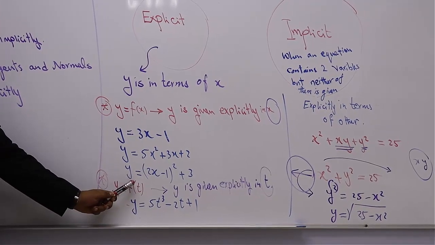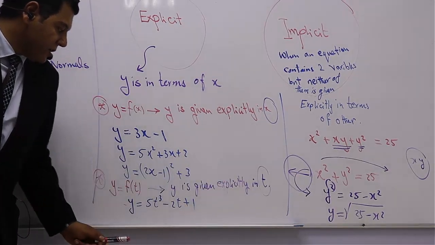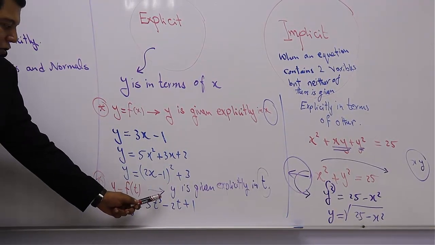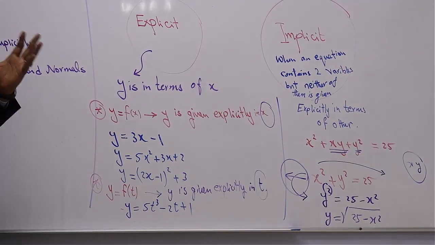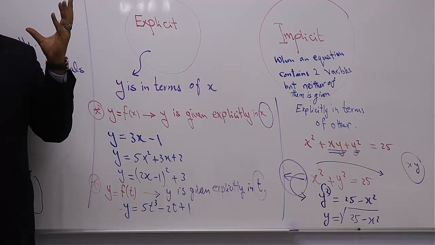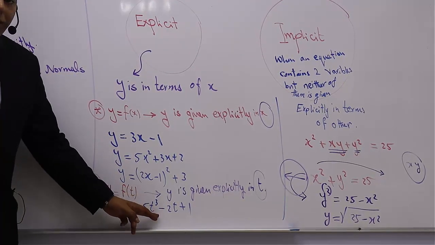Or y is a function of t, so y is given explicitly in t, like y equals 5t cubed minus 2t plus 1. So an explicit function means I have a subject and only one unknown: y in terms of x or y in terms of t.